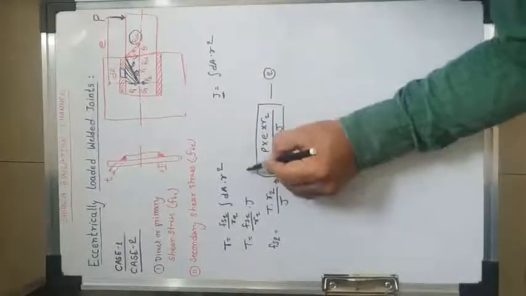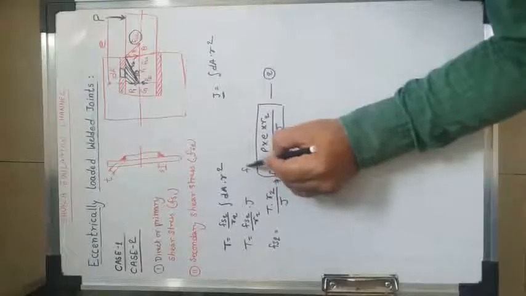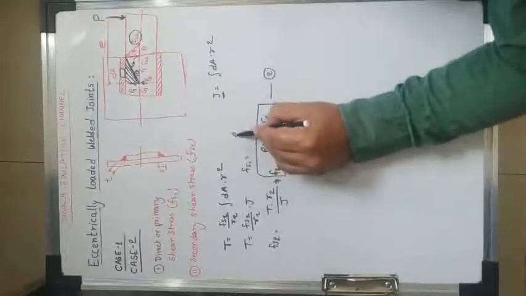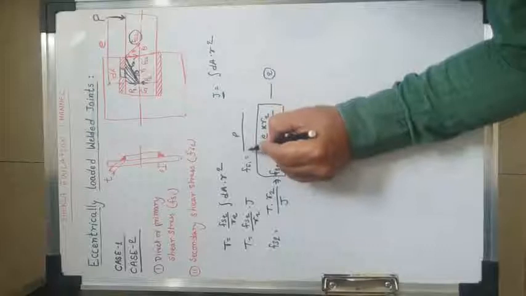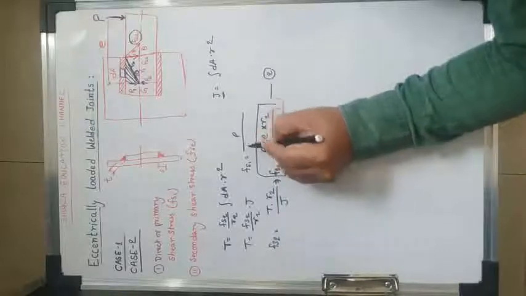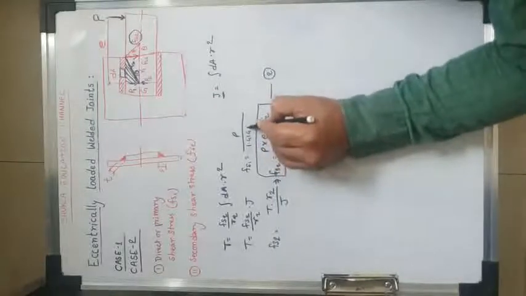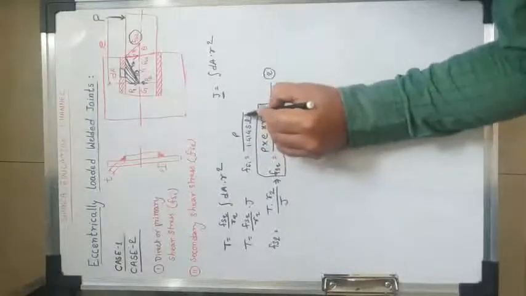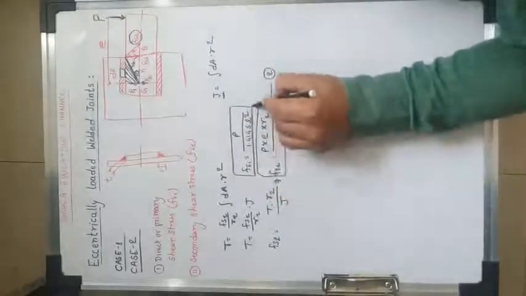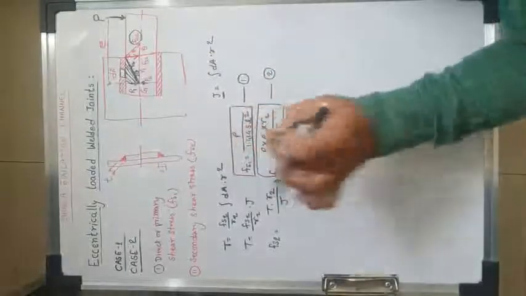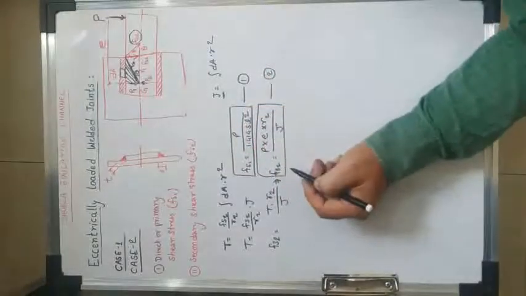What was equation number 1? Fs1 is equal to P upon 1.414 S L square. This is equation number 1. So both Fs1 and Fs2 we have received.